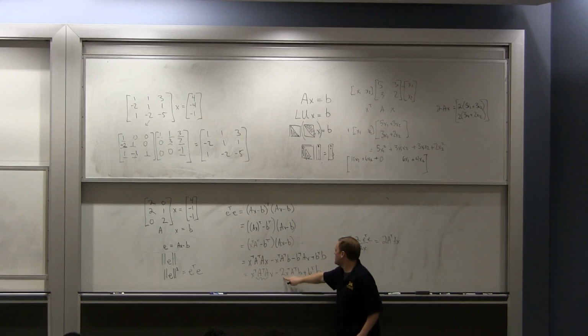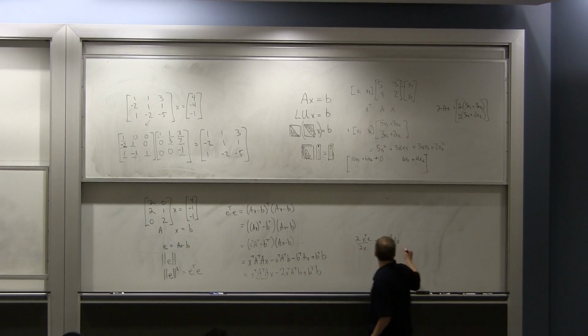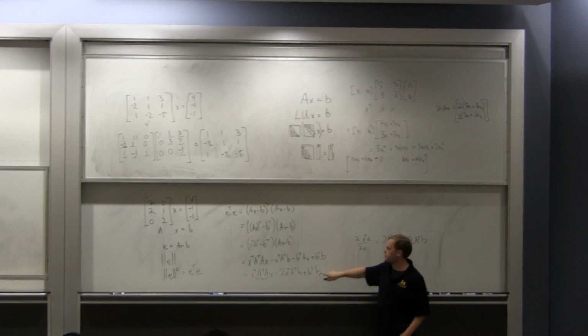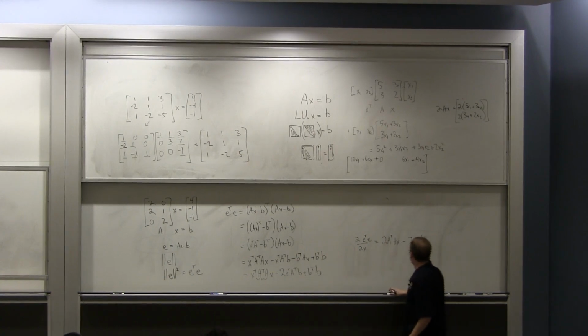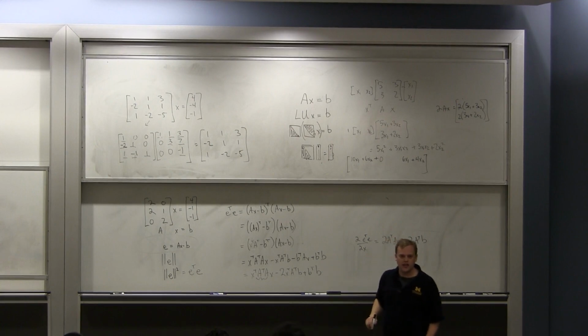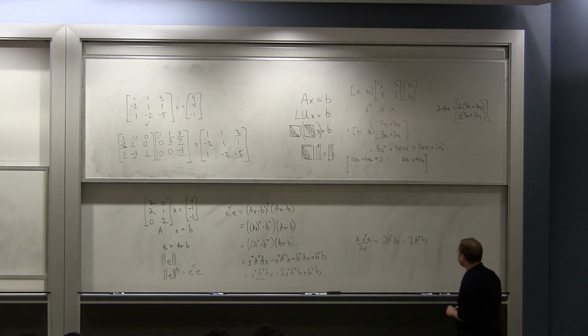So what I'm expecting is 2A transpose B, and that's what we worked out in our previous example, minus 2A transpose B. What's the partial derivative of this with respect to x? 0. That one's nice and easy. All right, great, now we're in good shape. For those of you who are angsty over this, I can email out a correction. I just don't know where the darn transpose went.